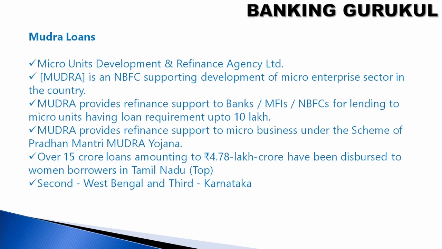Mudra provides refinance support to banks, MFIs, NBFCs lending to micro units that have a loan requirement up to 1 lakh. Mudra provides refinance support to micro businesses under the Pradhan Mantri Mudra Yojana. Over 15 crore loans amounting to 4.75 lakh crores have been disbursed to women borrowers in Tamil Nadu. So the maximum women borrowers availed under the scheme are in Tamil Nadu. Second is West Bengal and third is Karnataka.